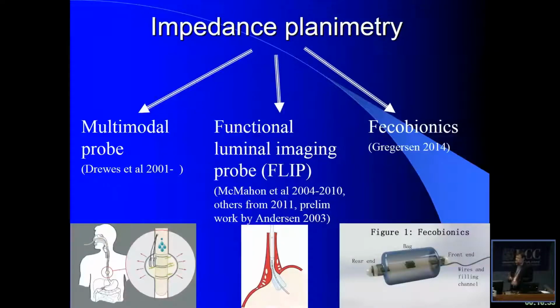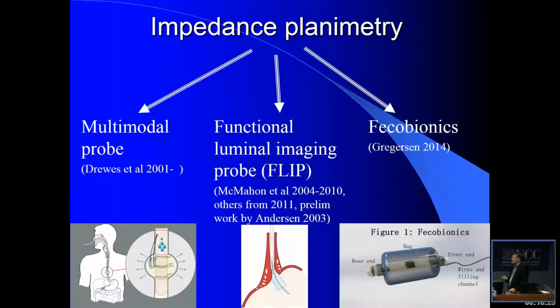Anyway, impedance planimetry turned out to be the base technology in the three applications I want to talk about today. One is called a multimodal probe. The work was mainly driven by Asbjørn Dreves from Denmark. The functional luminal imaging probe, or FLIP, where the work was driven by Barrick McMahon.